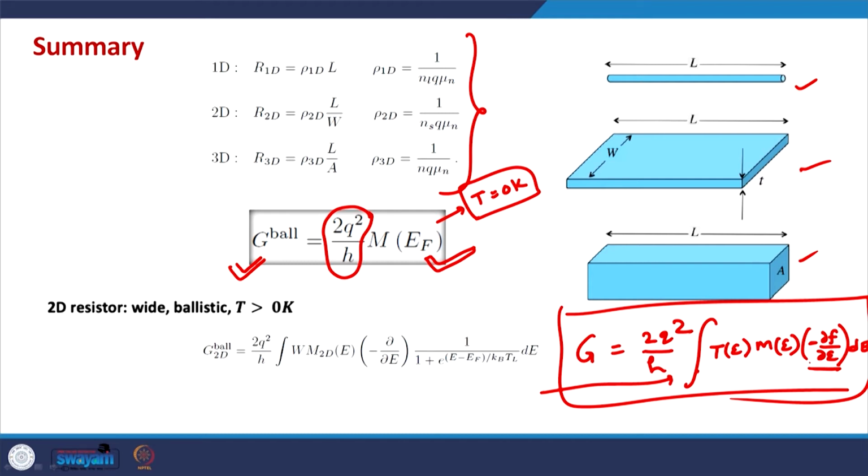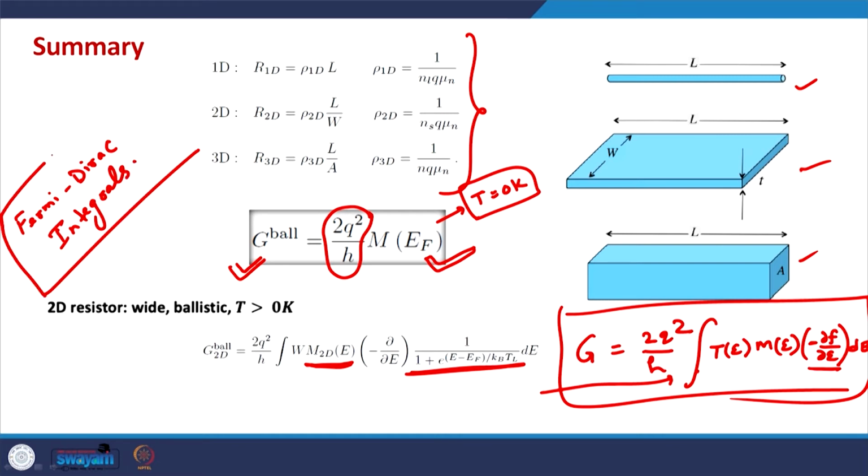First we need to do integration and then differentiation, and it becomes quite a complex expression because we need to integrate this, and the number of modes in some cases is not a straightforward function. So, this is tackled by what are known as Fermi Dirac integrals, which we also saw in our previous classes. So, we have seen the calculation for the ballistic transport case with the help of Fermi Dirac integrals.